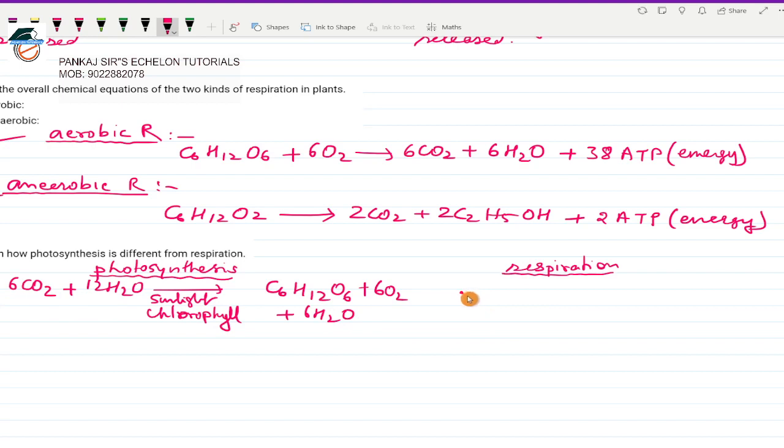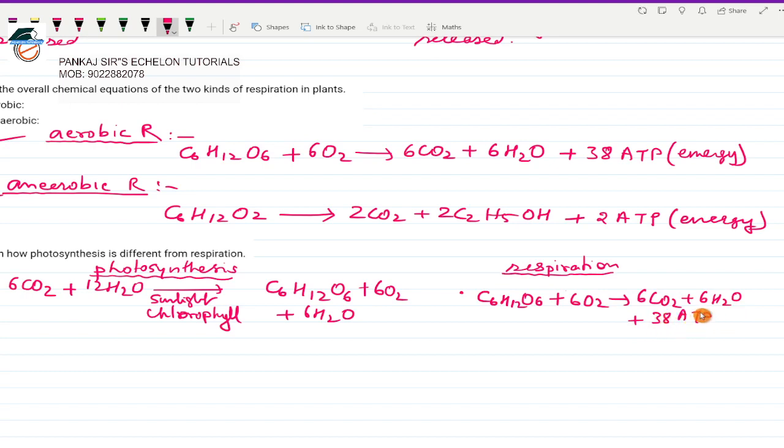For respiration, the chemical reaction is: the glucose, that is C6H12O6, combines with 6O2 to give you 6 molecules of carbon dioxide, 6 molecules of water, and plus 38 ATP molecules.